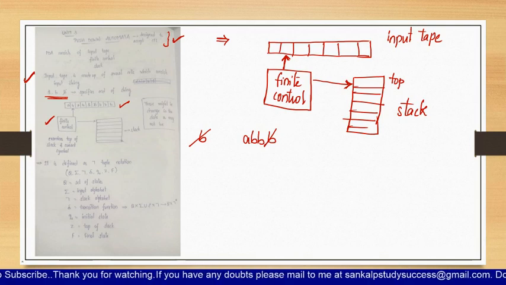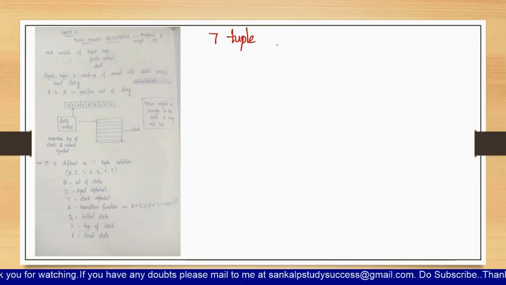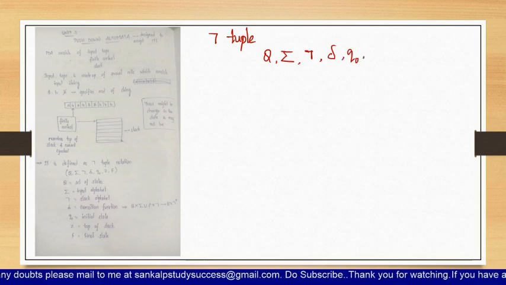Okay, so this is about the pushdown automata. And how do we define the pushdown automata? It is with the 7 tuple notation. It is a 7 tuple, where Q is the set of states and sigma is the input alphabet. We are going to have a stack alphabet here which is defined like this, and a transition function. We have the initial state, and here Z is nothing but the top of the stack, and finally we are going to have the final state.